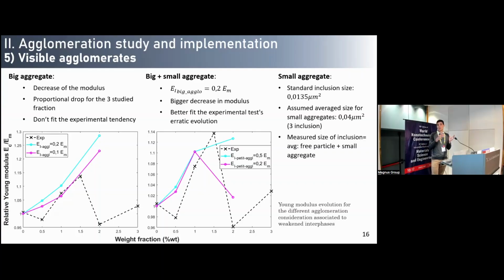So we assume that among the free particles we consider, there are some small agglomerations, and that a small agglomeration is on average three inclusions together. From this, we were able to extract a new parameter for small aggregates, and using these aggregates with a softer interface, we were able to find a better tendency. But this approach seems not really consistent.